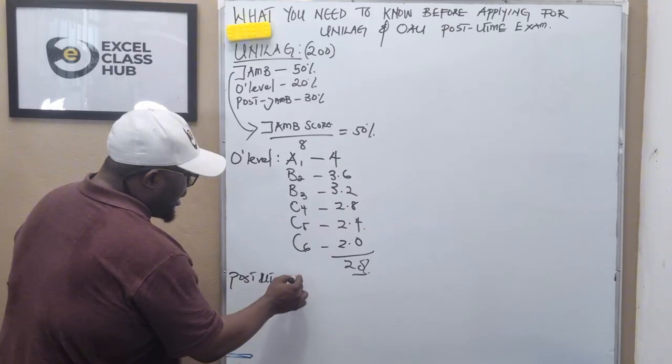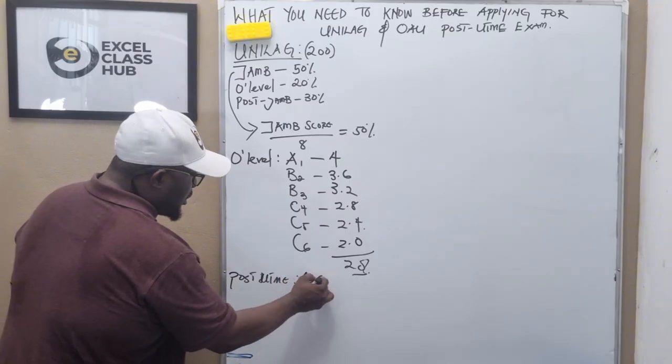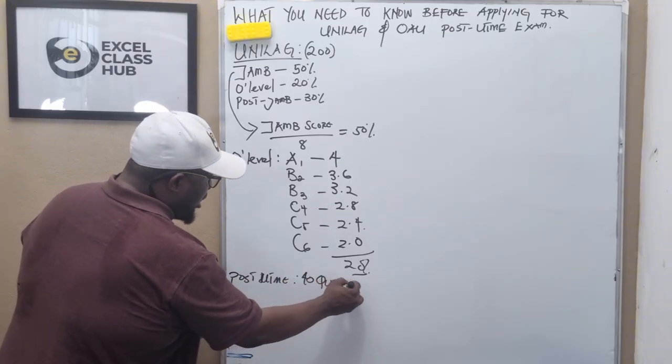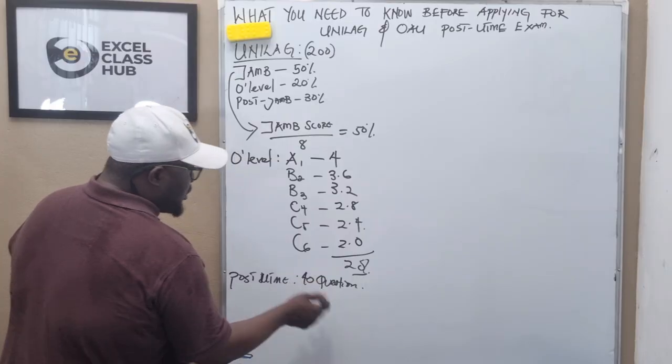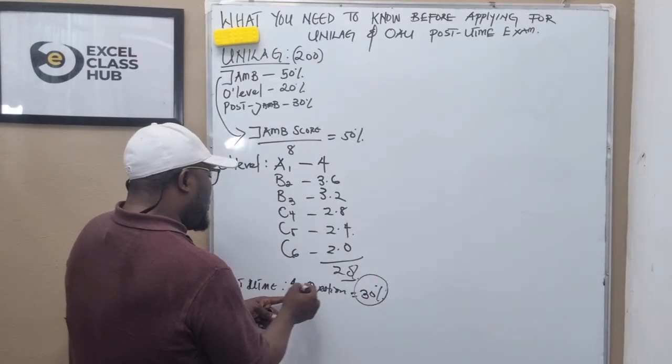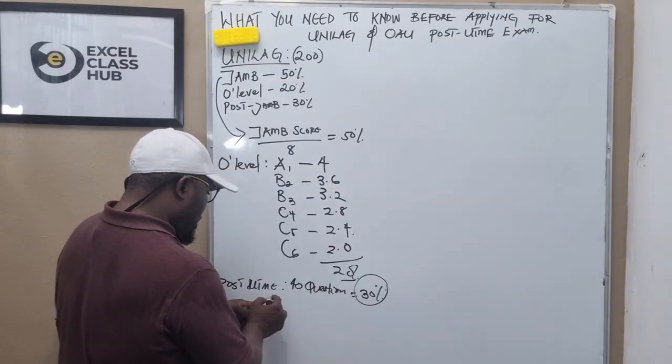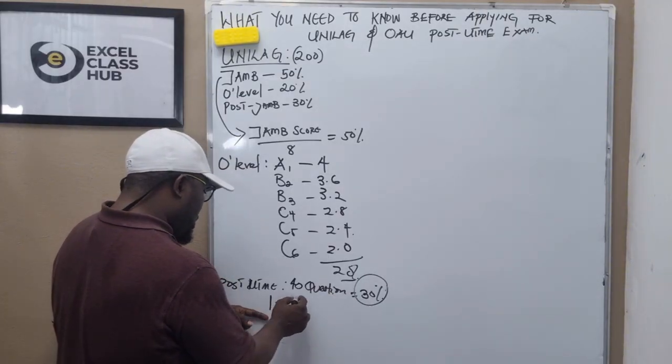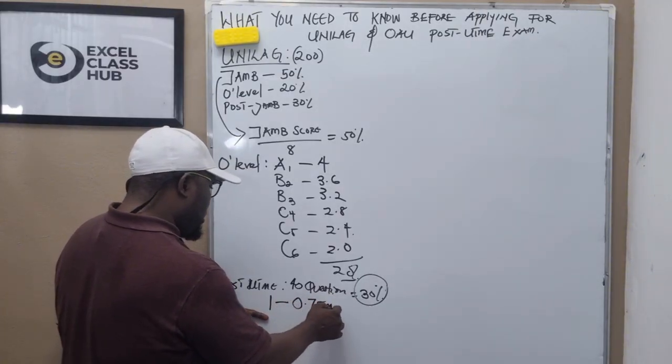The post-UTME has 40 questions. How would they calculate these 40 questions to give them 30%? To get 30% from 40 questions, each question is 0.75 marks.